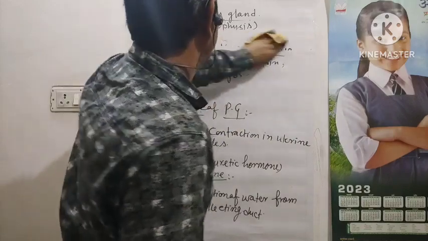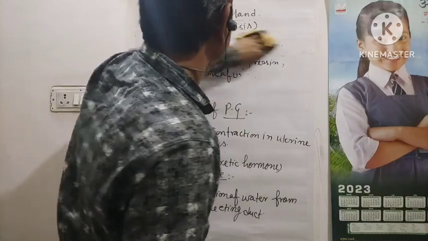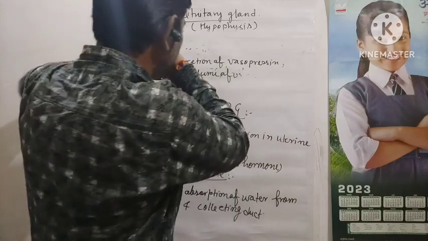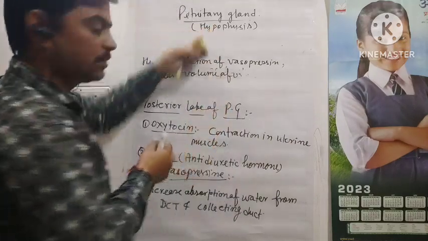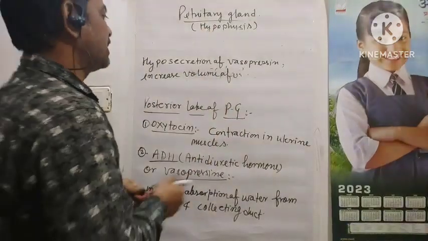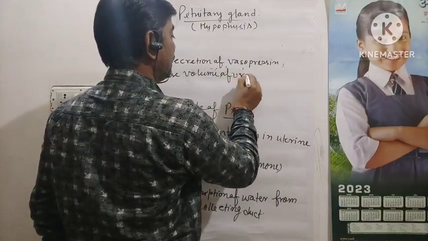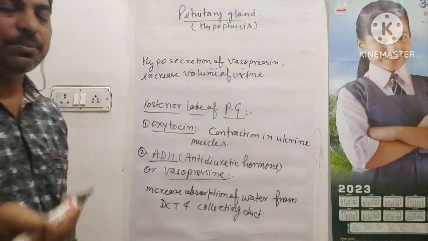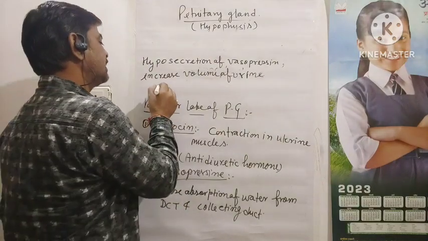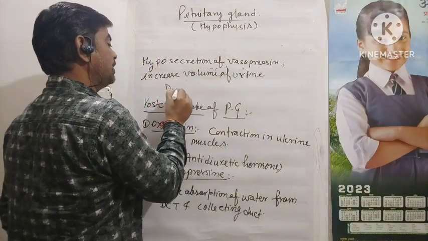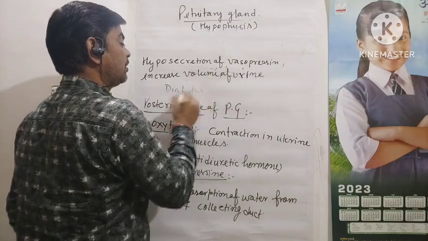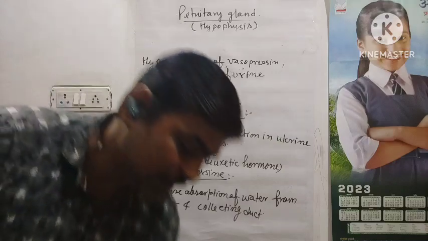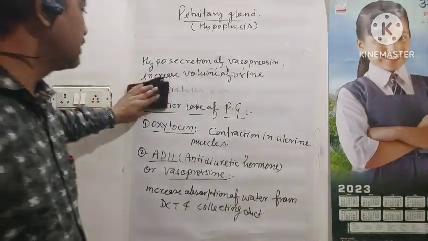This is not of pars intermedia. This is of the posterior lobe of pituitary gland, that is the vasopressin, and this hyposecretion of vasopressin increases the volume of urine, which can reach up to 10 liters, and this condition is called diabetes insipidus.